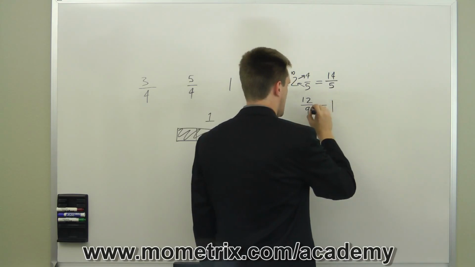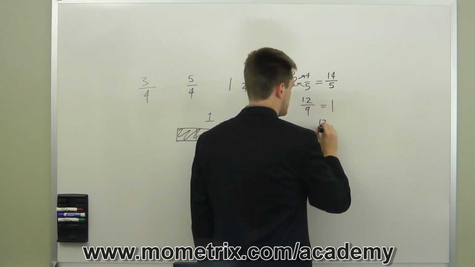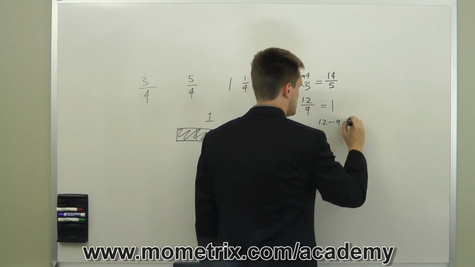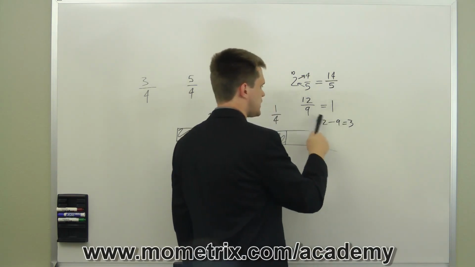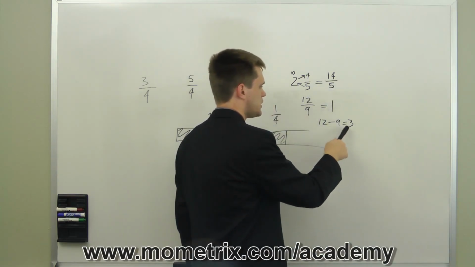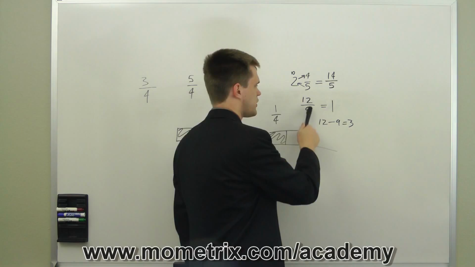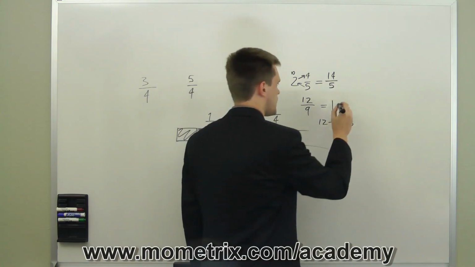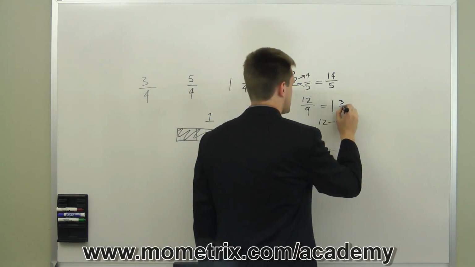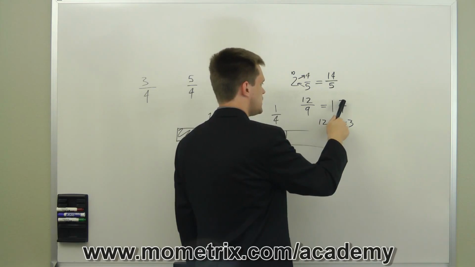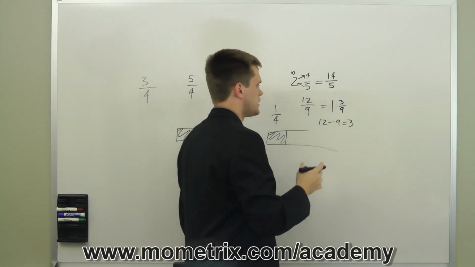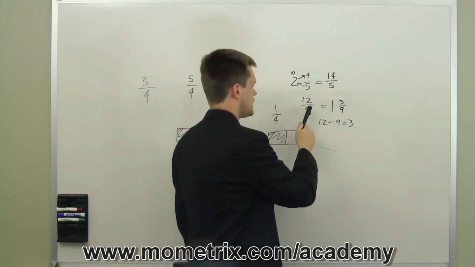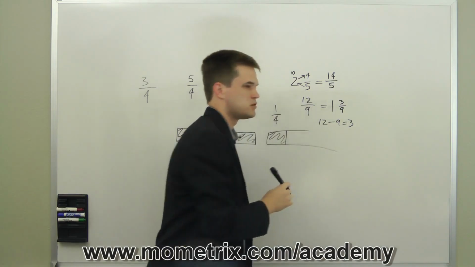So 12 minus 9 is equal to 3. So we've taken out the whole, and we've got the 1 here, and so what we're left with is 3 of our original 9. And so we can write that as the remaining fraction here. We have 1 and 3/9. And so that is how you convert an improper fraction to a mixed number.